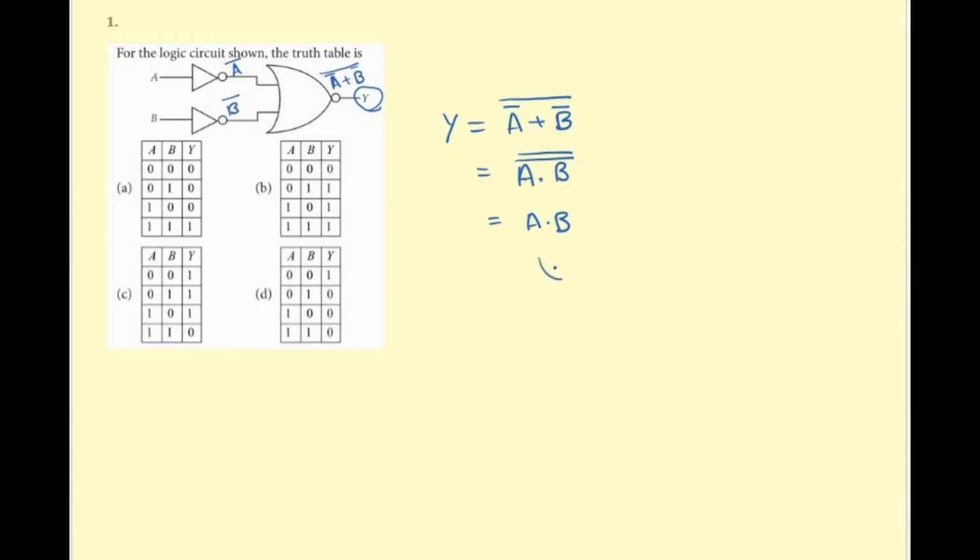This is the logic symbol of an AND gate, and here you can check the AND gate option. Option A is the option of the AND gate, so option A will be the correct answer.